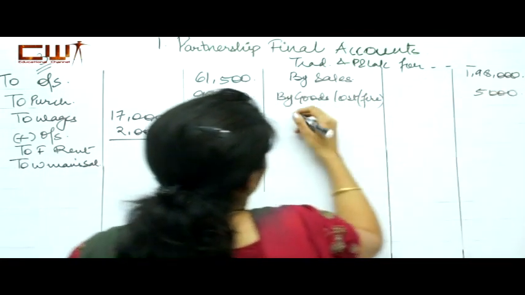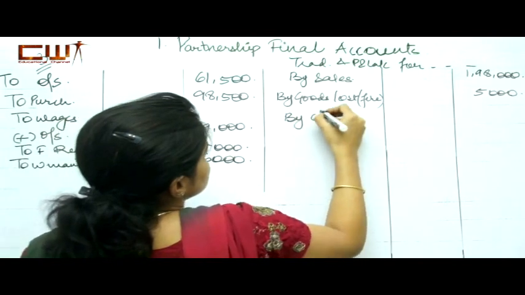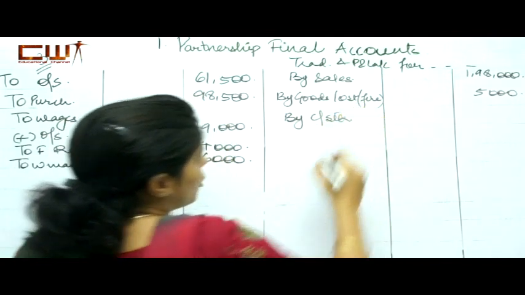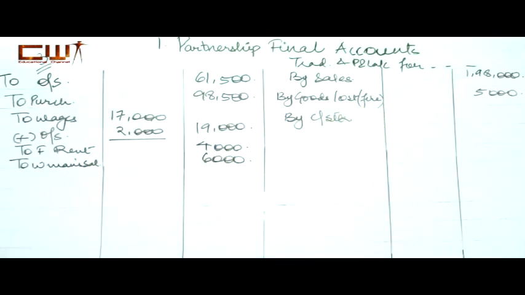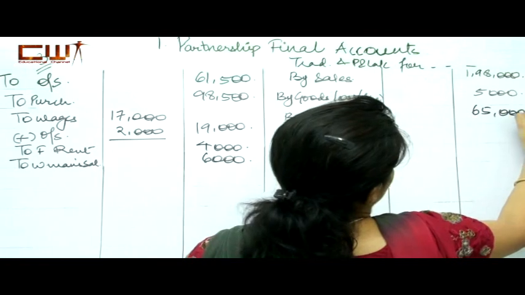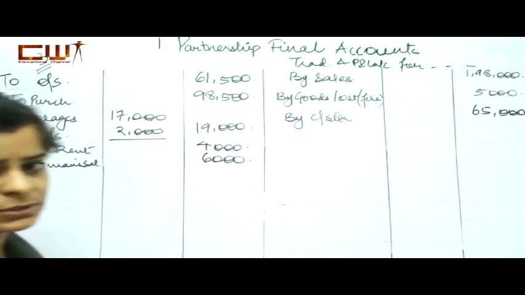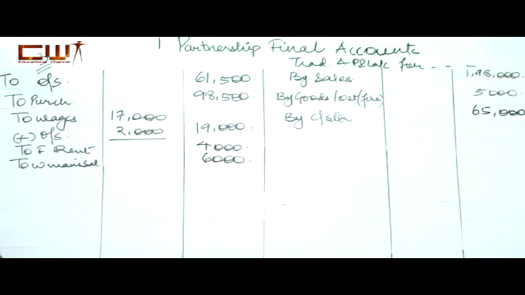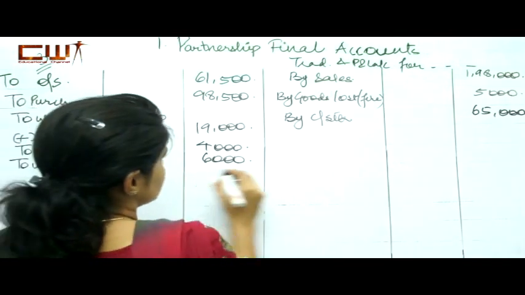Right? Then you have the closing stock. How much is the closing stock for? You have the closing stock for 65,000. Mention 65,000. So you have these items here. 1,98,000 plus 5,000 plus 65,000 will give you 2,68,000.